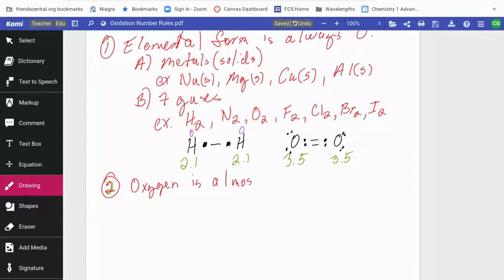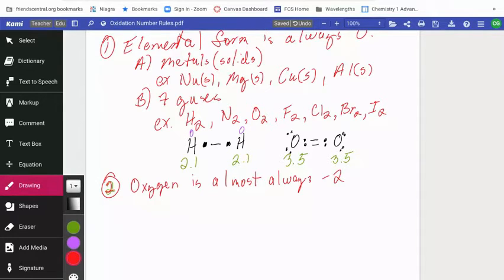Almost always -2. Right? So if oxygen is almost always -2, when is it not? Well, we see right above when oxygen is with another oxygen. There's one other exception when oxygen is in a compound called hydrogen peroxide, but you're not going to really see that. So let's just assume oxygen is always a -2.